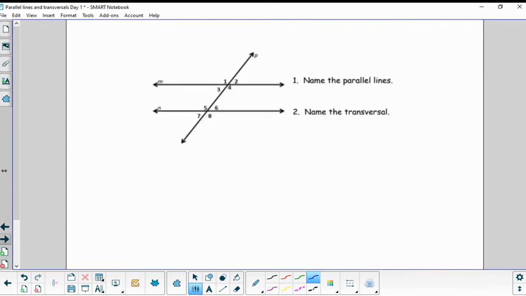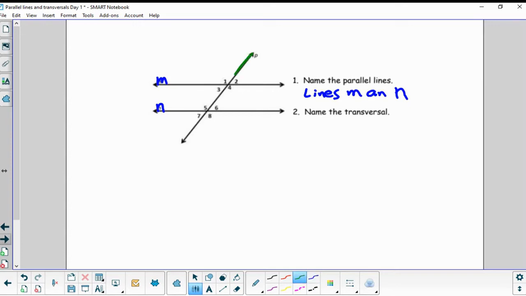Okay, so here's a set of parallel lines and a transversal. The 2 parallel lines are lines M and N. And the transversal in this case is the line that cuts across them, slanting from the lower left to the upper right.